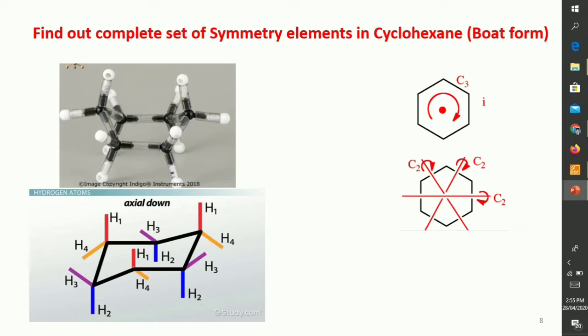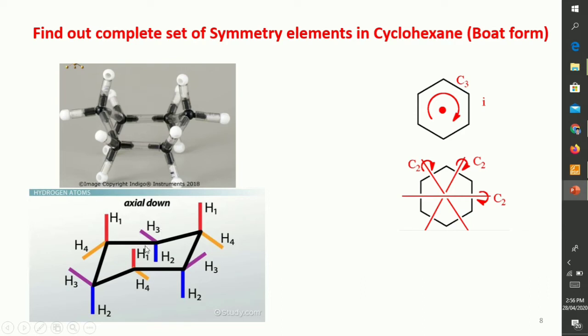cyclohexane? So there is identity first, and there is a C3 axis of rotation. You can see over there, this is actually the C3 axis of rotation in the cyclohexane boat form. There are two C3. For example, if you pick this molecule from upward and give a C3 rotation, you can just look at the H3 in purple color.